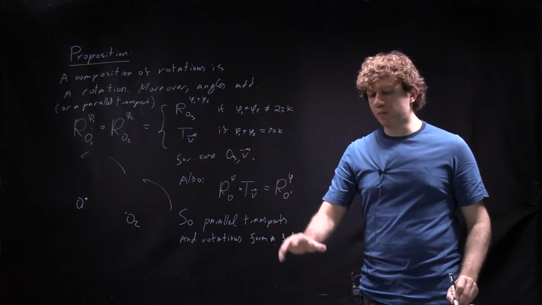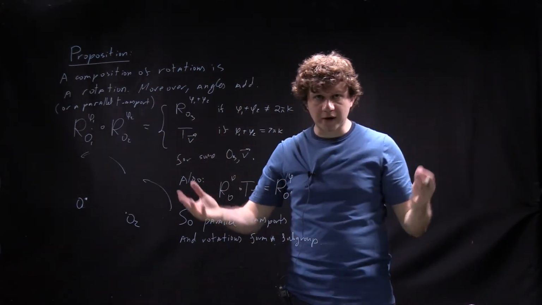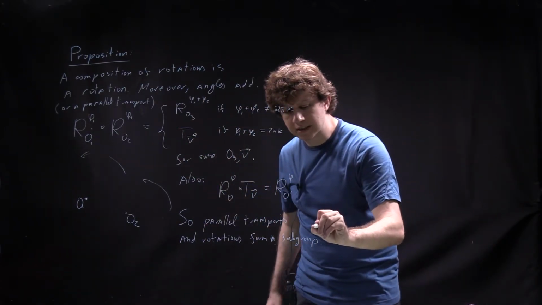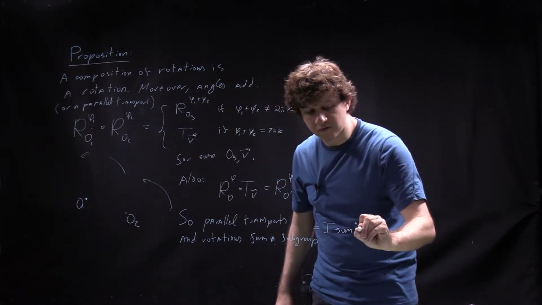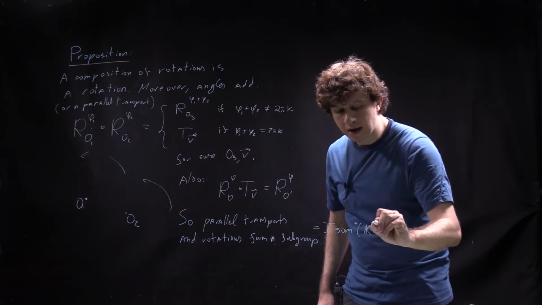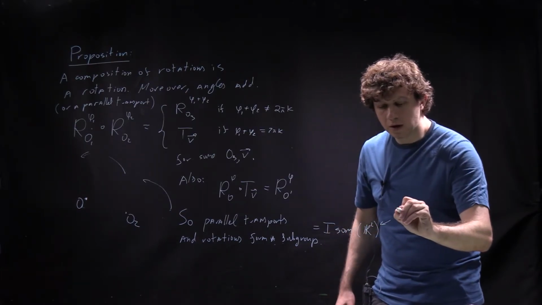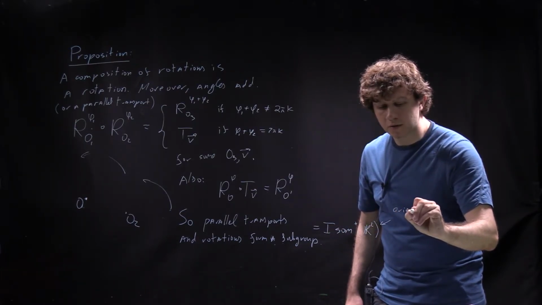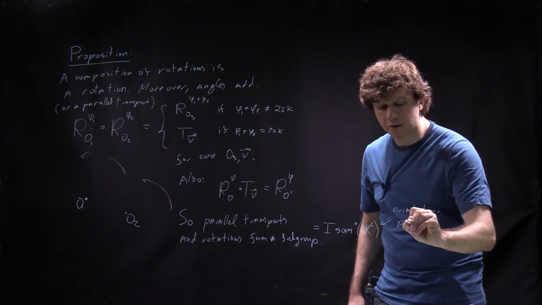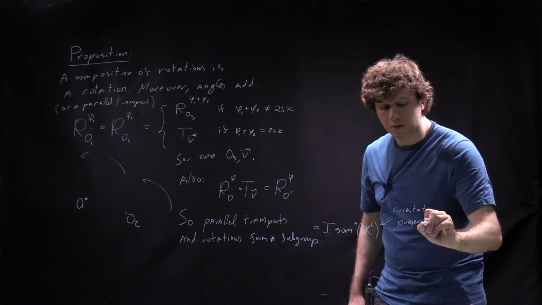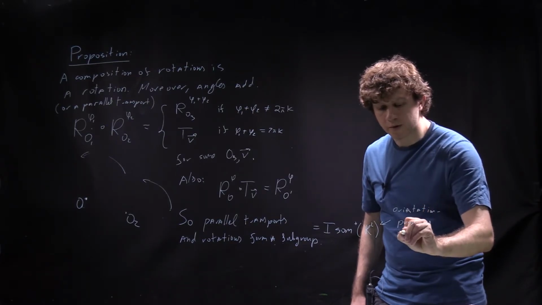So the subgroup has a name. If I take all parallel transports and all rotations, this is a subgroup which is called Isom plus of R2, and that's what's called orientation preserving isometries.